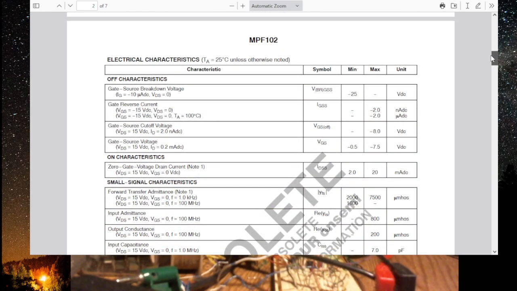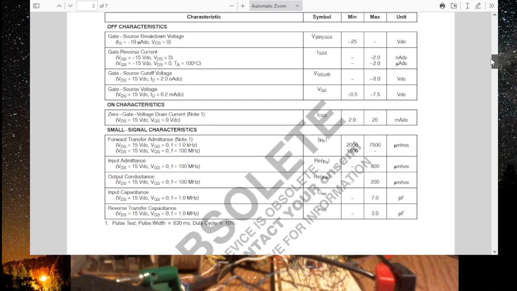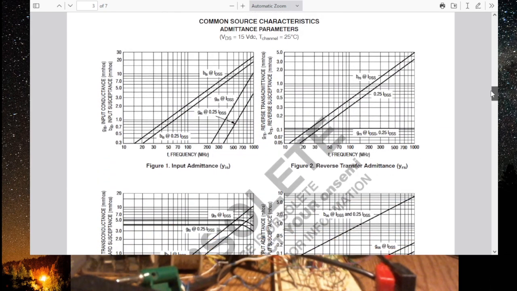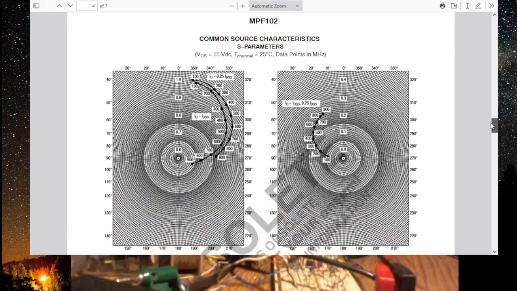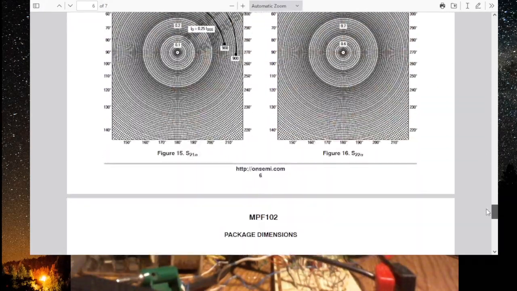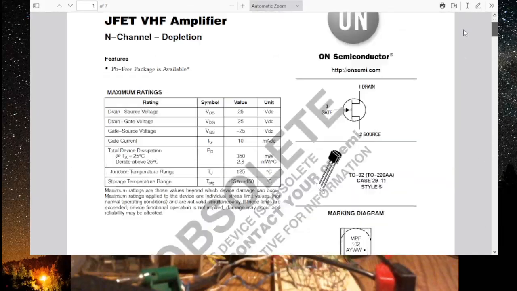I don't remember if I use these. I honestly don't remember. I'd have to just build a circuit and do some tests, because all I'm doing is just basic audio amps, that kind of thing.